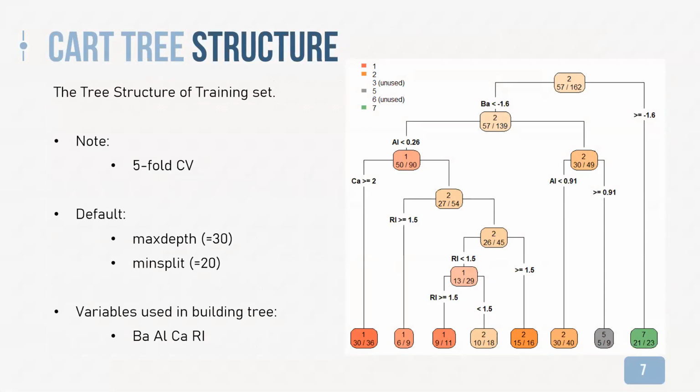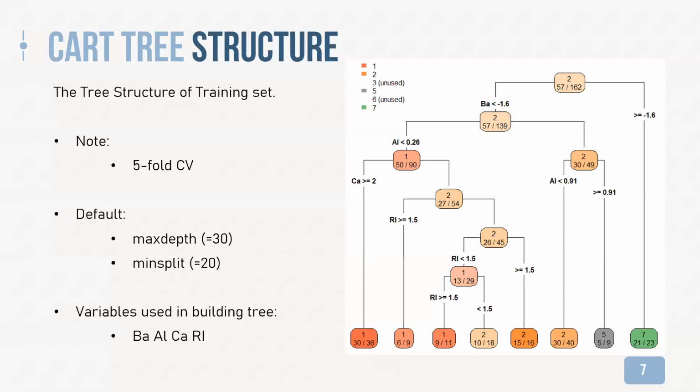And also one thing to note is that there are some problems with this caret tree also, because class type number 3 and number 6 will not be predicted in this grown tree. And also in the middle and bottom part, we may see repeated use of refractive index to classify class 1 and 2. So this may be a problem which we shall discuss later also.